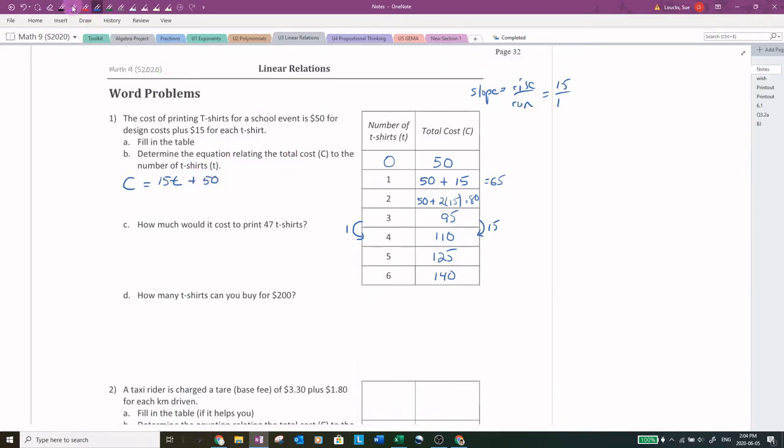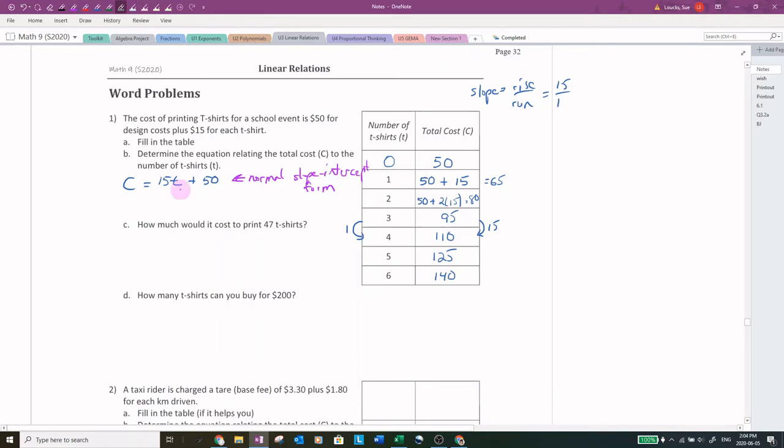Okay, now this is the normal slope-intercept form of the equation.